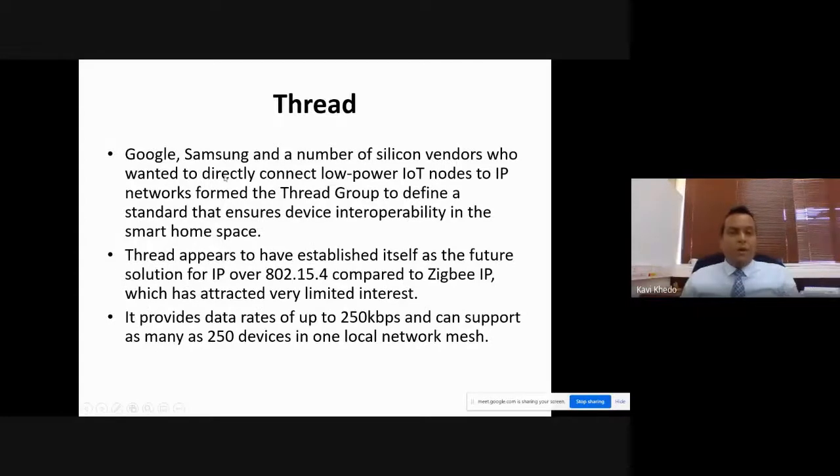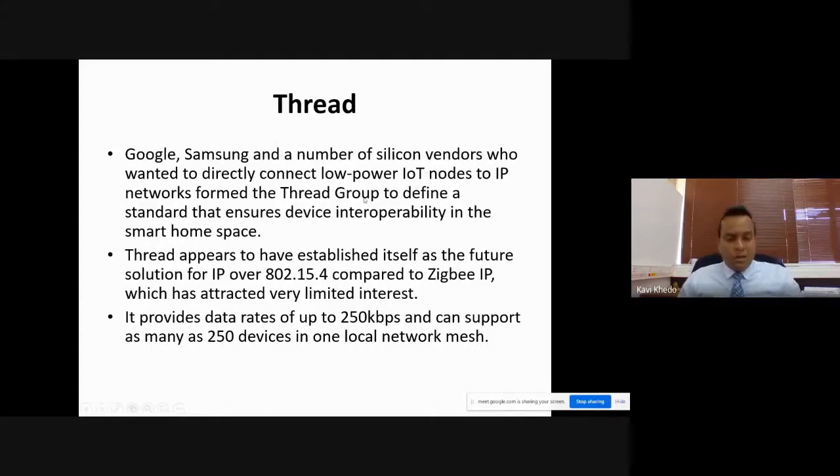I've told you about Google, Samsung, and a number of those big players. They are currently promoting this technology. Low power IoT nodes to IP network: the Thread group defined a standard that ensures device interoperability, so your devices can communicate with each other very easily. Thread appears to have established itself as a future for IP.